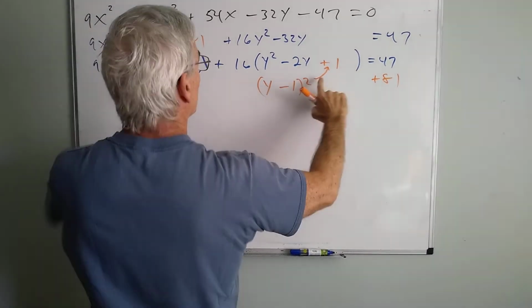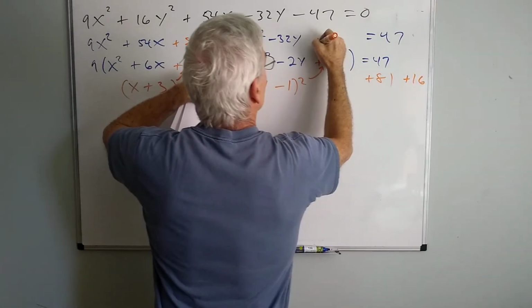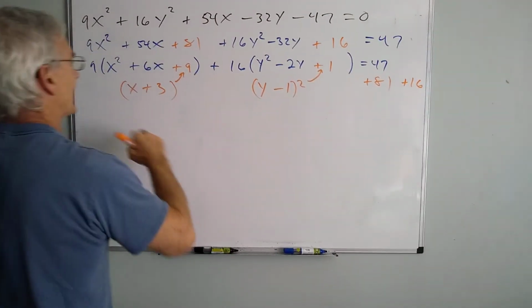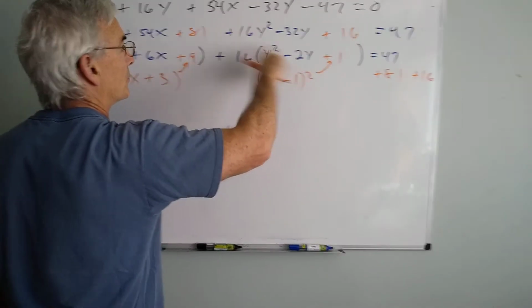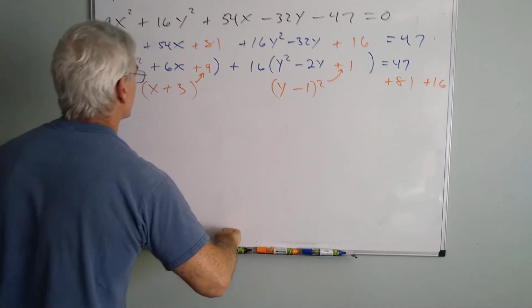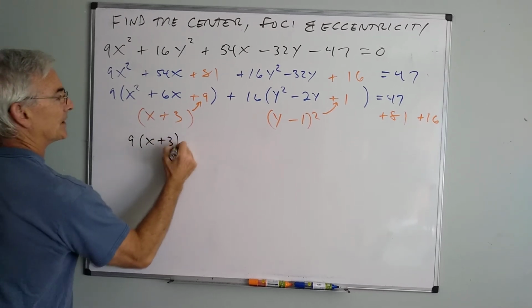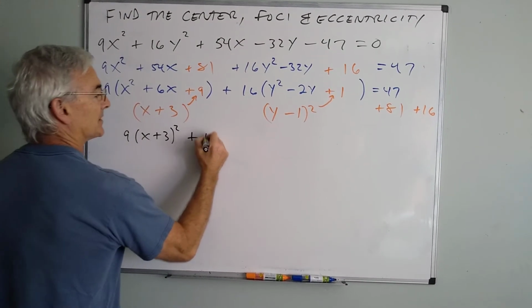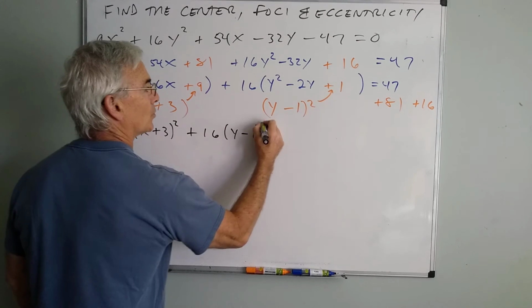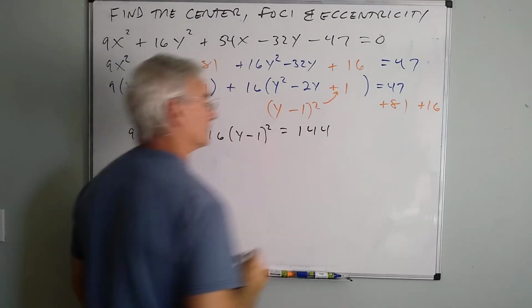And over here, I really added 16 times 1. So a quick check, if I distribute all the way through, I will get this, which equals this. So now we see the form here would be 9 times x plus 3 quantity squared plus 16 times y minus 1 quantity squared. And if I add those up, I get 144.